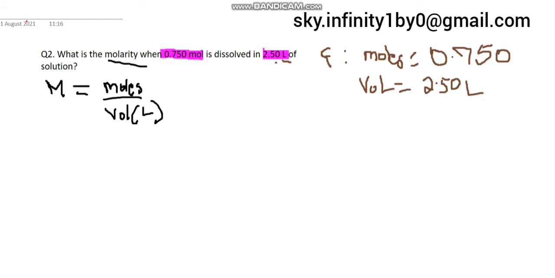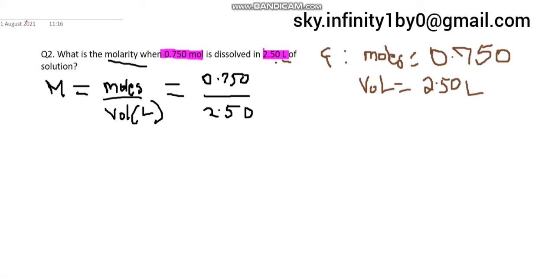So it is a very basic problem, and we can get the answer by directly substituting the values. The number of moles in the numerator we substitute as 0.750, and volume as 2.50. A person good in mathematics will easily be able to get the answer, but I think it is better to share with you all how to shift the decimal points for convenience.